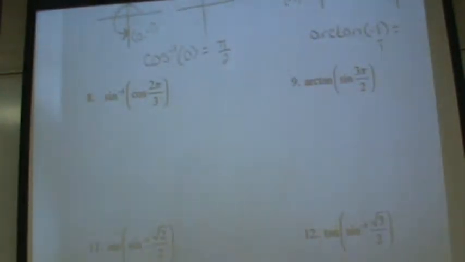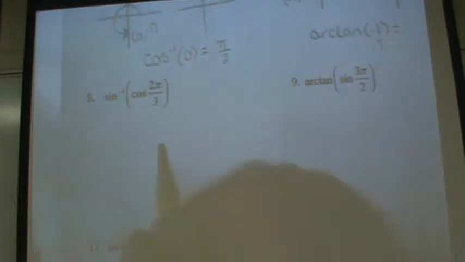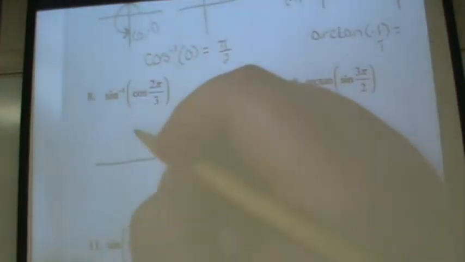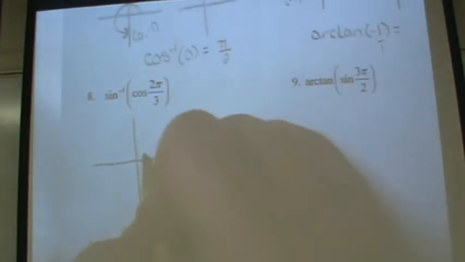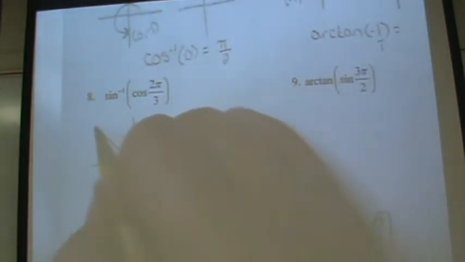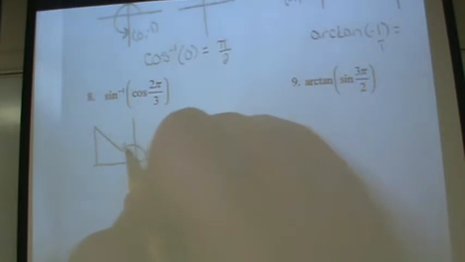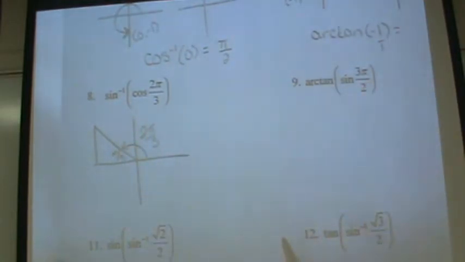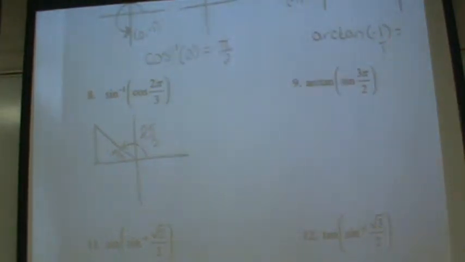We're taking the cosine of 2 pi over 3. Where is 2 pi over 3? It's in the second quadrant. So that's 2 pi over 3. So this is a pi over 3 angle that we're using for our reference angle. So how do we label our triangle?